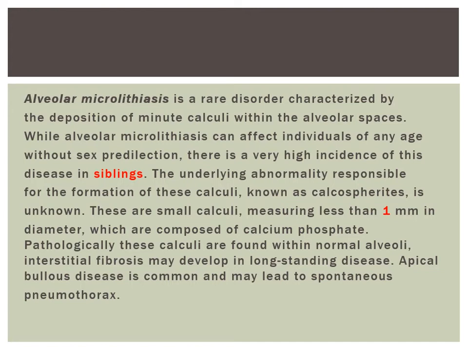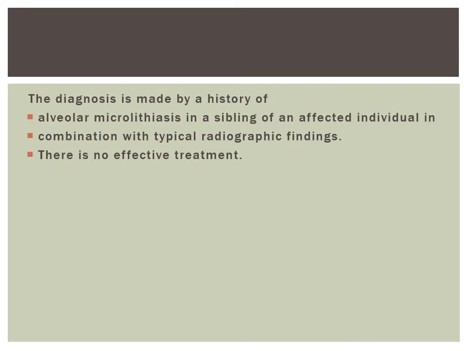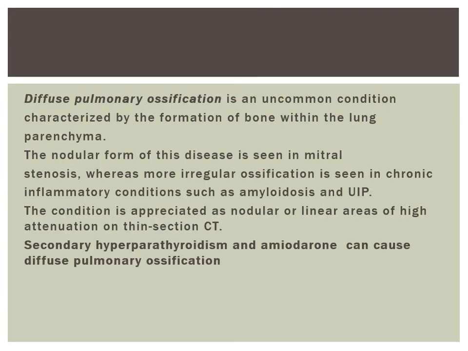There are small calculi measuring less than 1 millimeter, tiny calcium phosphate deposits diffuse all over the lung. The diagnosis is made by history of alveolar microlithiasis in a sibling, in combination with typical radiographic findings, and there is no effective treatment.